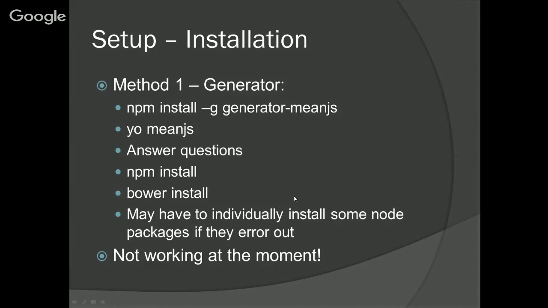It'll give some error about couldn't find it, or it couldn't start, or incorrect versions or whatever. And so you may have to manually install some Node packages. And that's kind of annoying. It's probably just a specific version issue in their package.json that maybe I'll try to fix tonight or something and commit it. Like I said, this method isn't working at the moment.